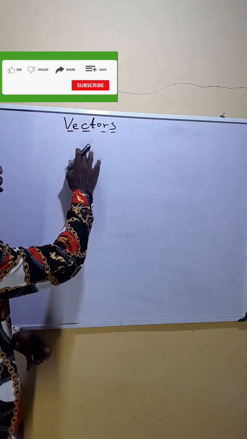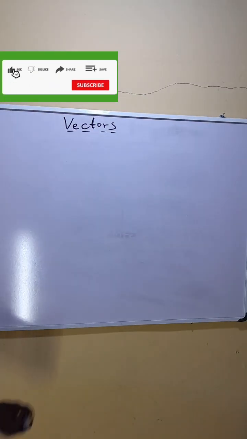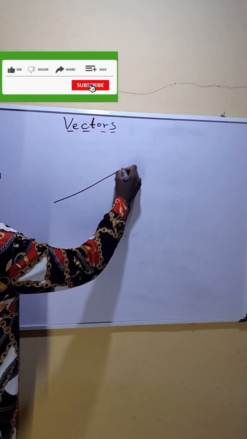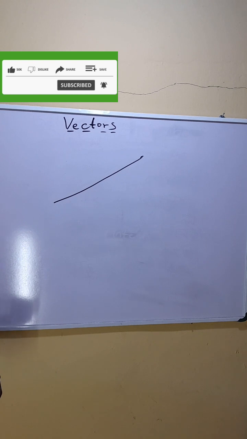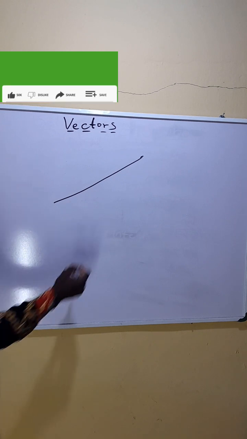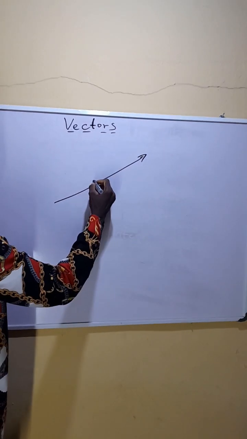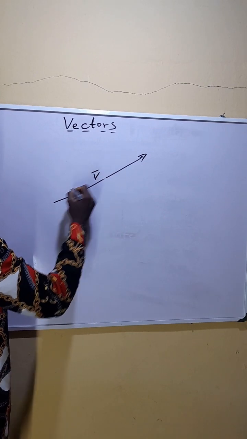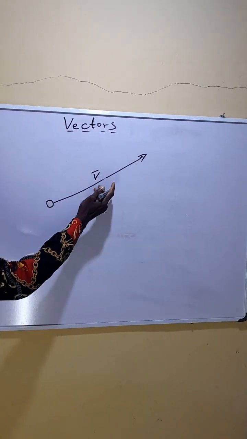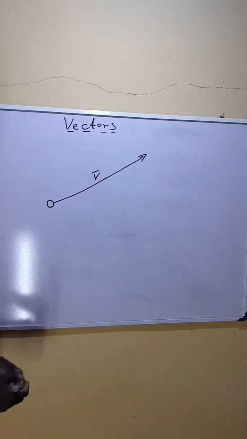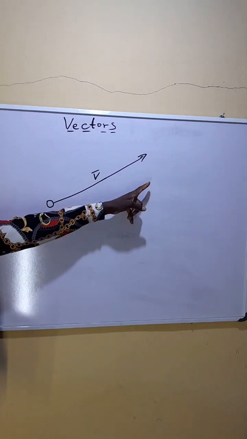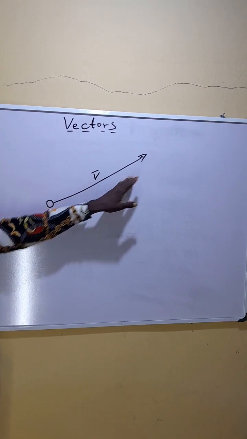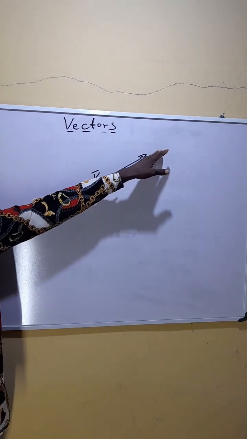So, a vector is represented by a straight line of some magnitude or length drawn in a given direction. We can say that this line we now see on the board is a vector, and it is showing the direction in which the vector is moving.